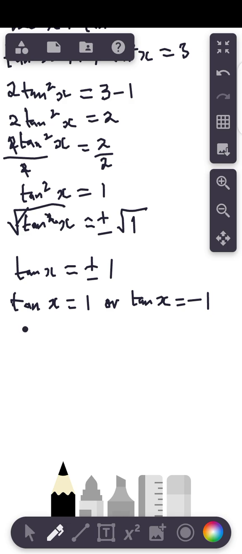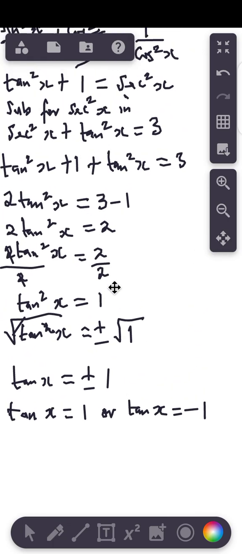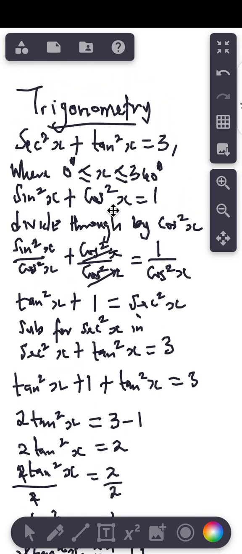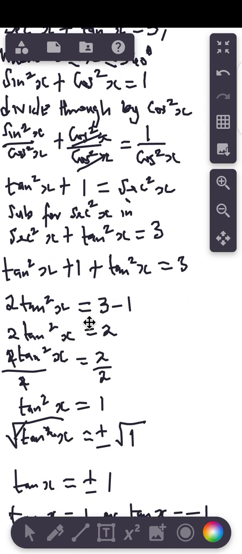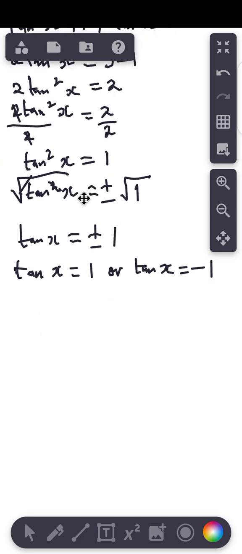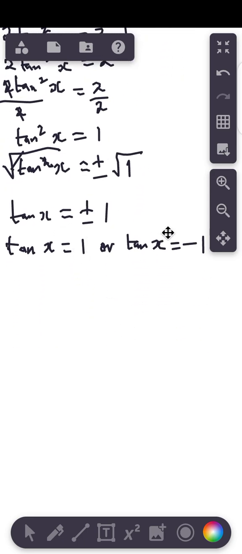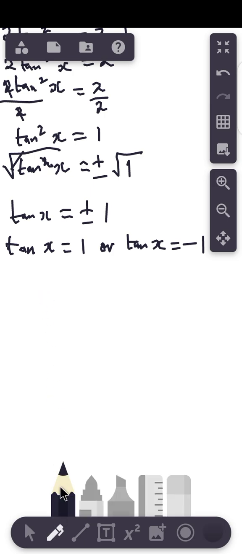Now this is actually not the real value of x, because x from the equation given is a range of values of degrees ranging from 0 to 360. So how do we turn this value that we've gotten into degrees?